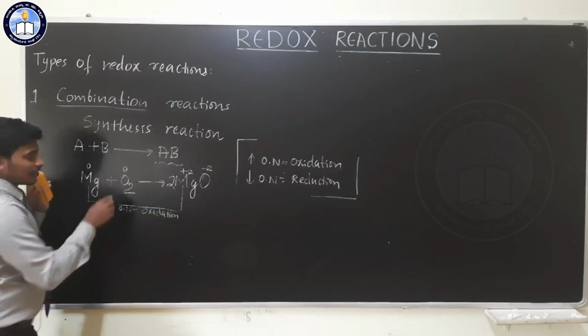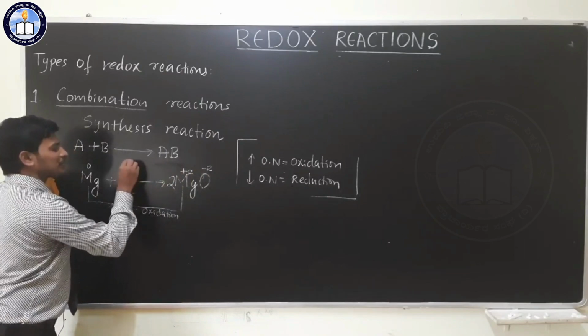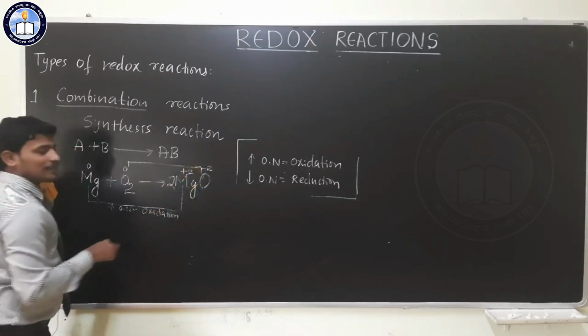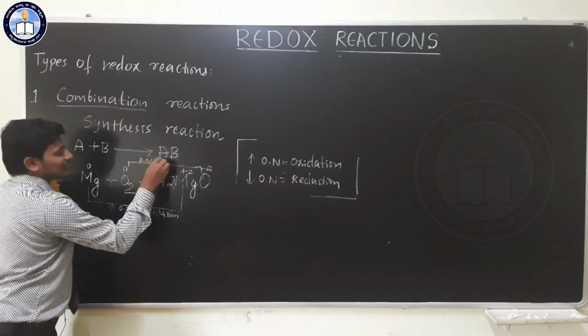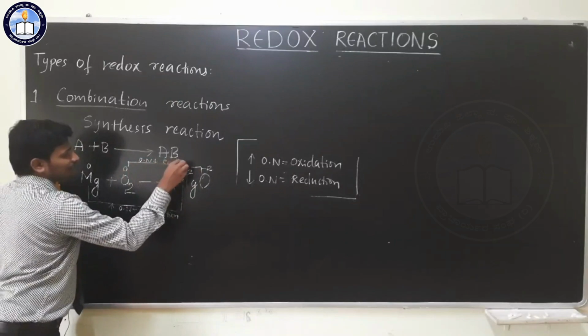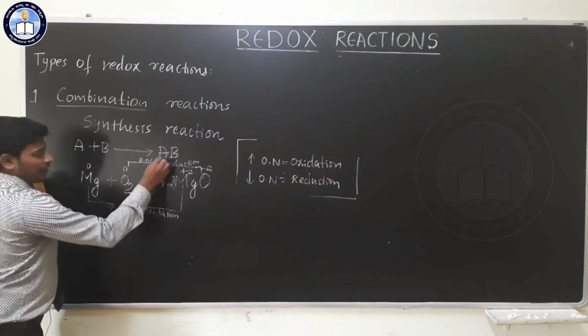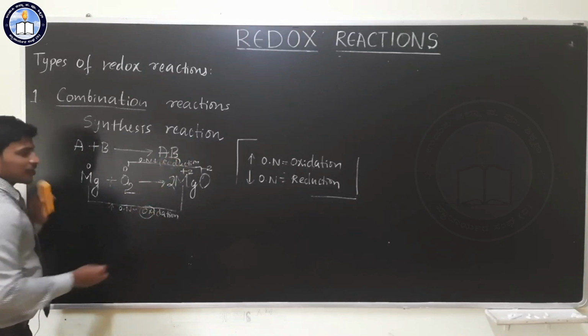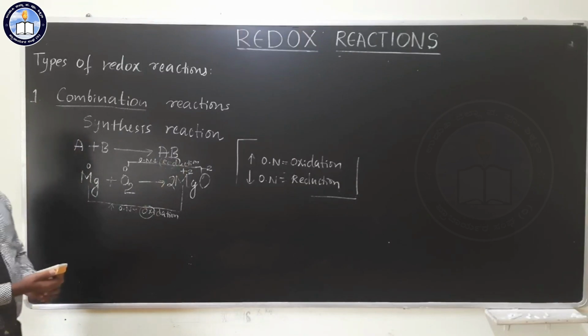As well as 0 to -2, that means oxidation number decreased, therefore it is a reduction. We can see red and ox, redox reaction. So this comes under combination reaction.